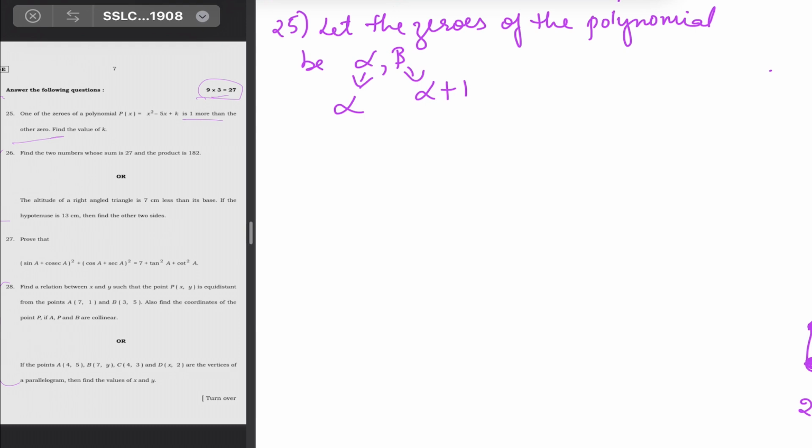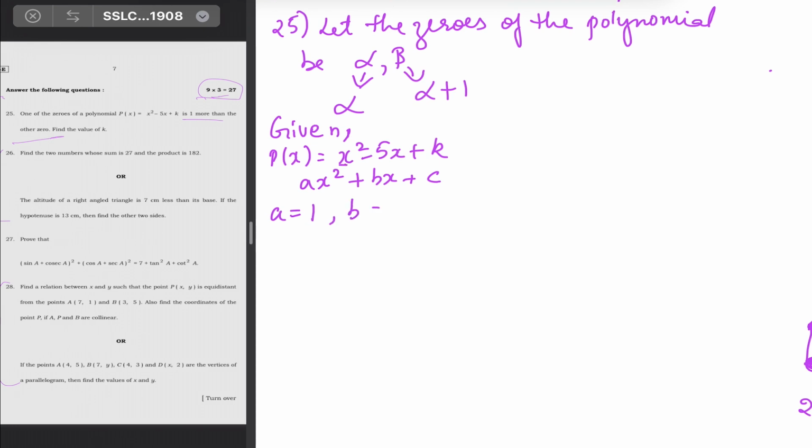Then what else is given? The polynomial p of x is equal to x square minus 5x plus k. On comparing it with the standard form ax square plus bx plus c, we can say that a is equal to 1, that is coefficient of x square is 1, b is minus 5, c is k.